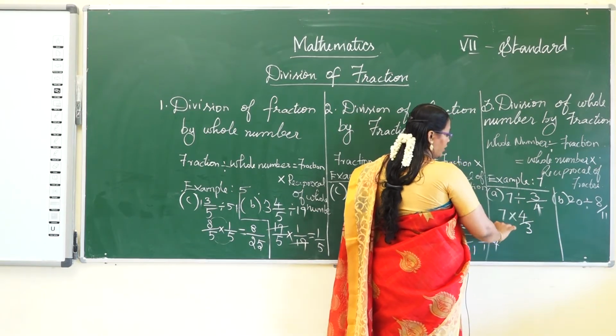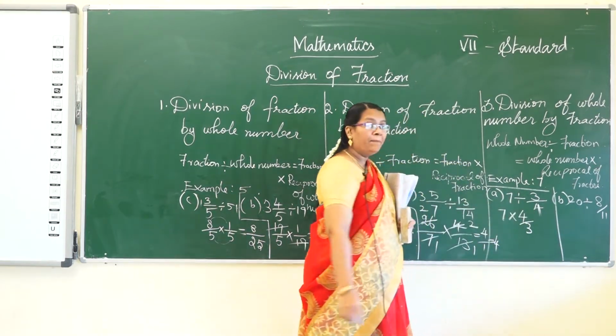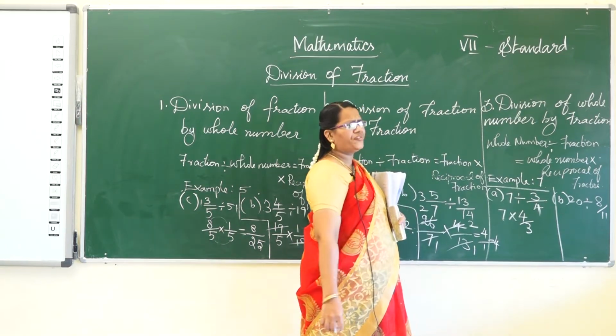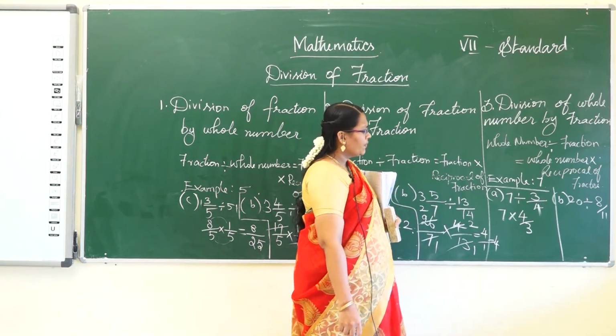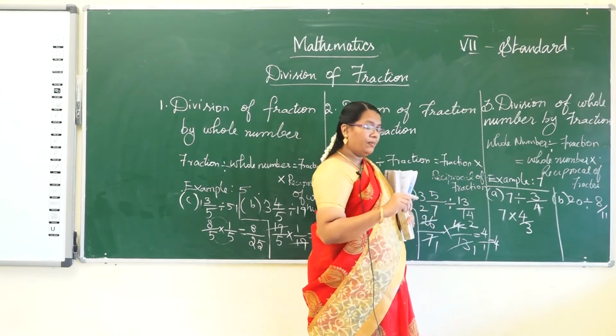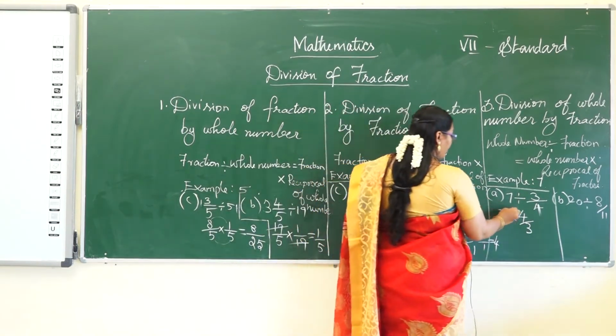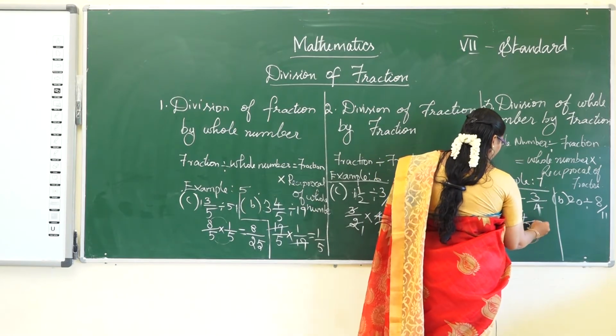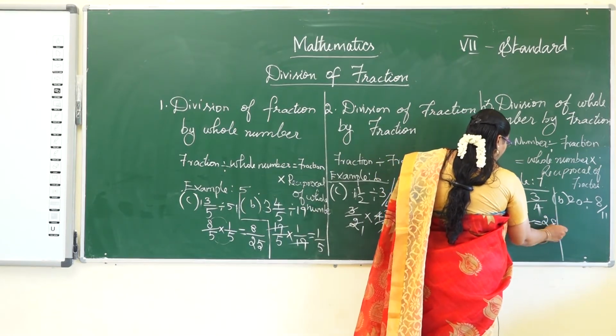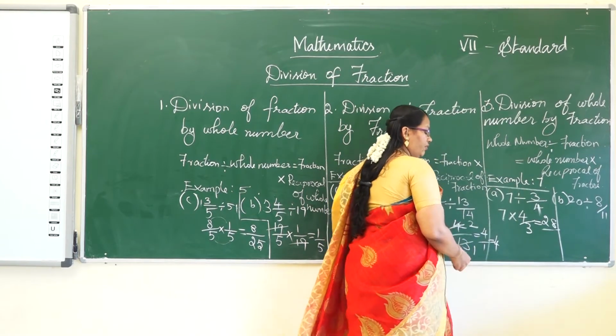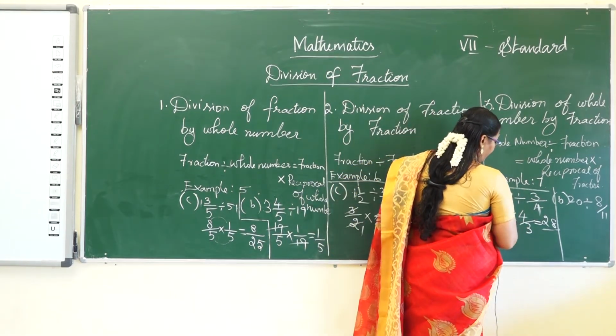Now, as usual, multiply the whole number by the fraction. What is the rule for the whole number by the fraction? The whole number multiplied by the numerator of the fraction. So 7 4s are 28 by 3.